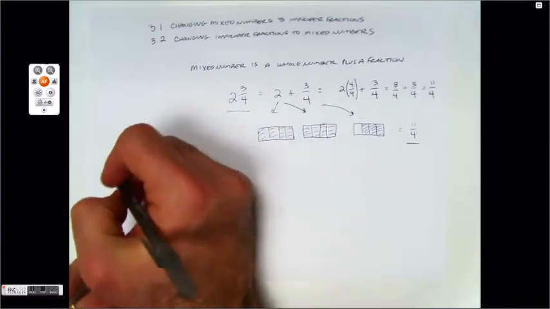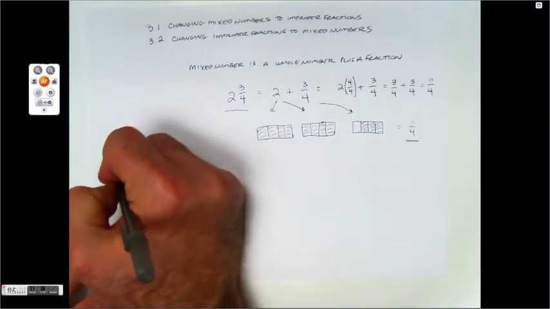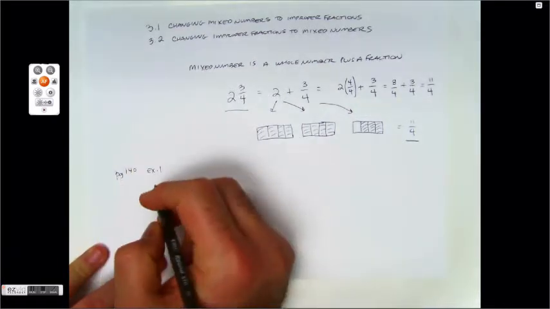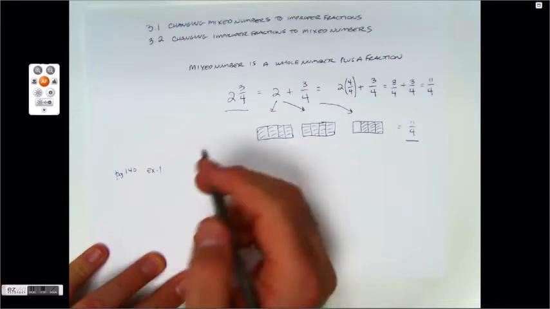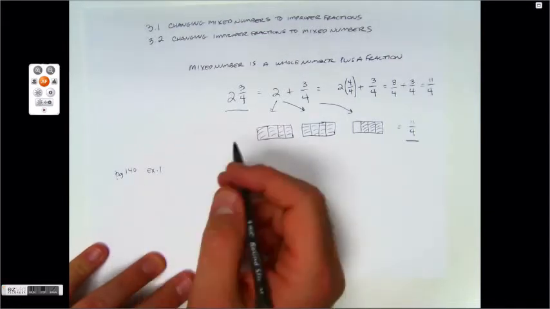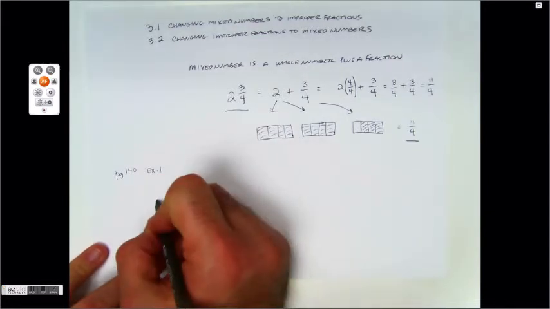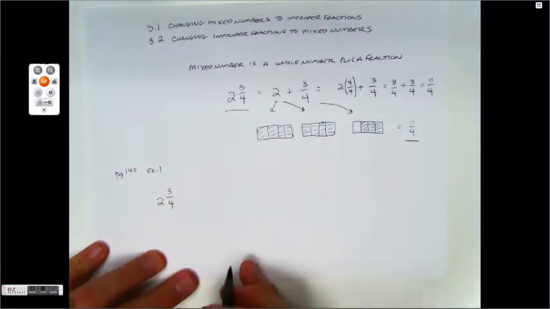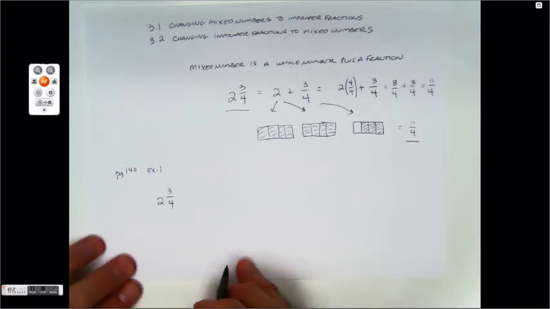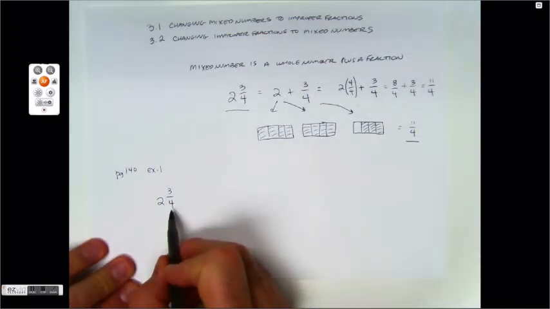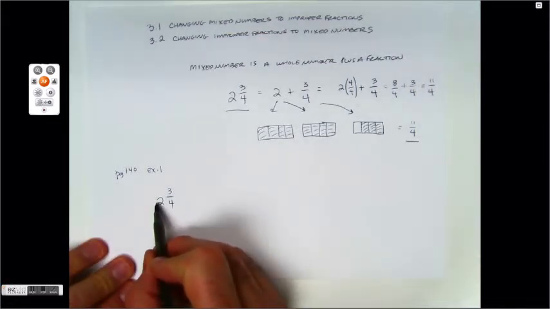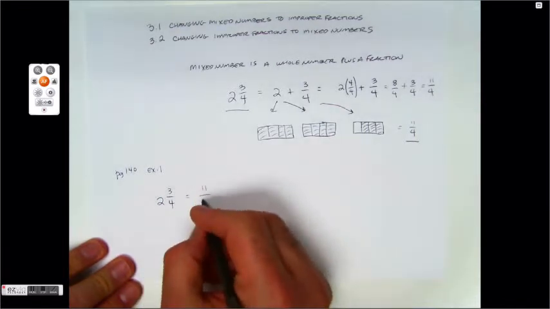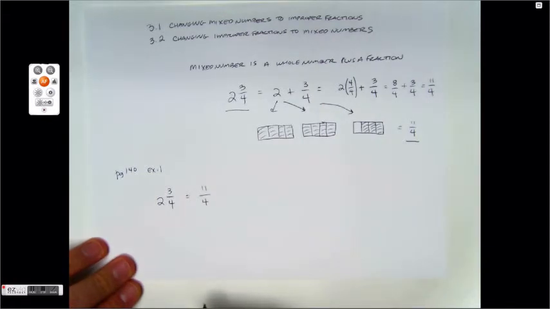Alright, so let's just show some quick examples. This is on page 140. It's example 1. What we want you to get out of this is to be able to turn mixed numbers into improper fractions. So example 1 happens to be the same here, so we'll use this. And the procedure that you've learned in the past is you take the denominator 4, you multiply it by the whole number 2, which becomes 8, plus the 3, and that gives us the 11, and then you keep the fractional unit.